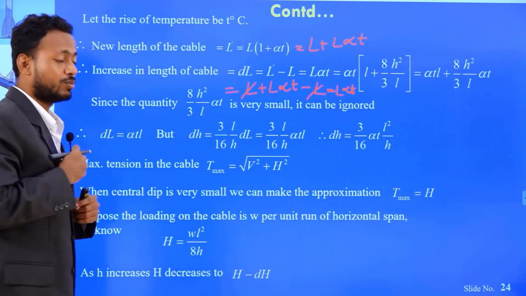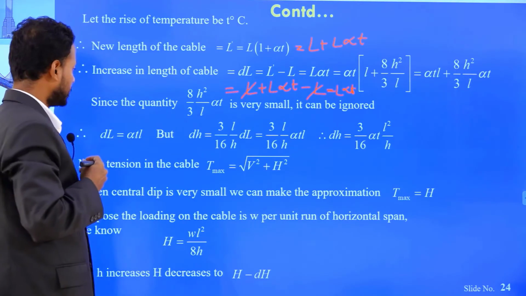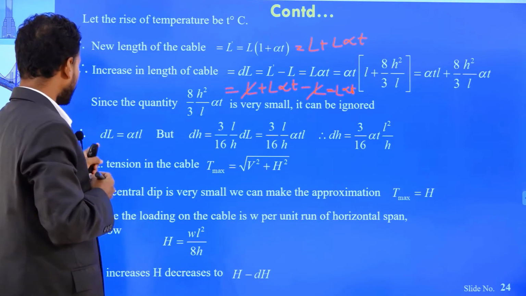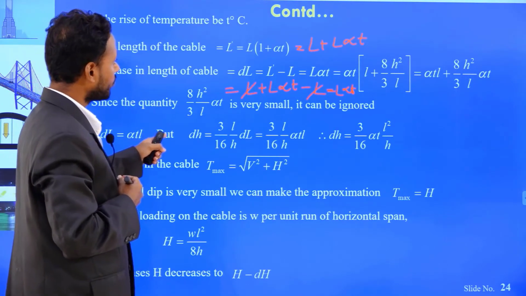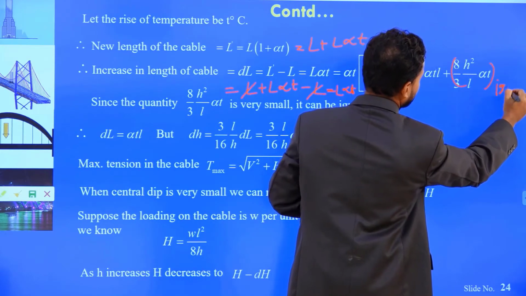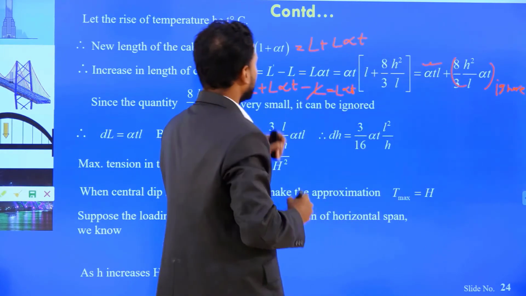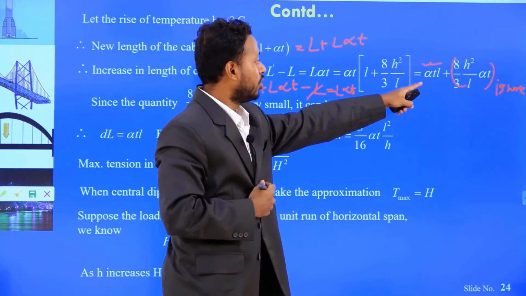We can ignore the small quantity and consider the significant quantity in this derivation. Therefore, as we have ignored this term, we will consider only del L equals small l alpha T.